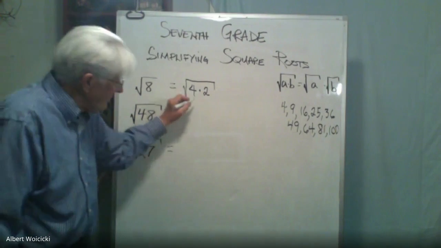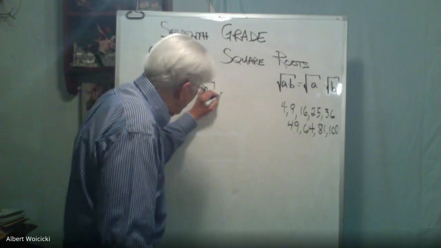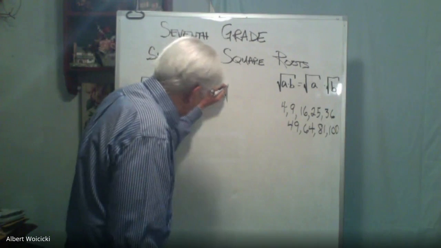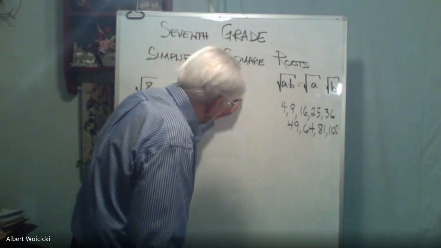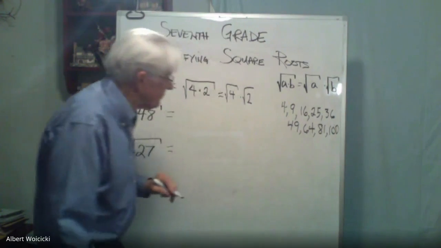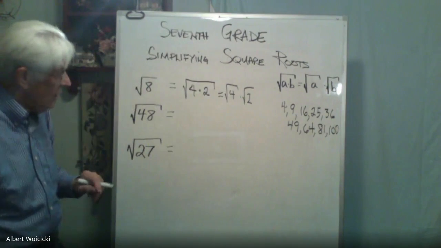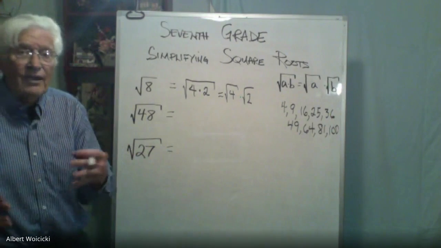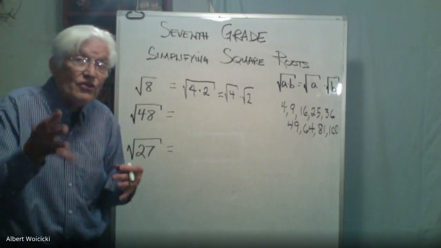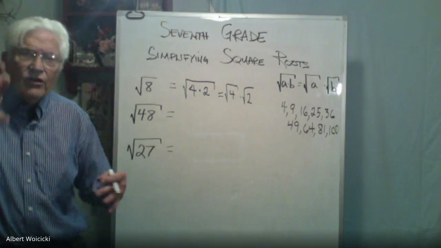Now, look at this. Now I have the square root of 4 times the square root of 2. The square root of 2 is irrational. We know that. You can't fix that. But we know what the square root of 4 is. It's 2.